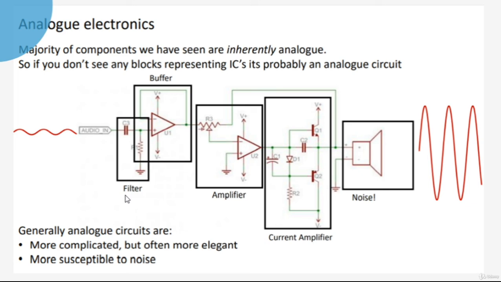After that we have a buffer, and after the buffer we have the amplifier. The amplifier amplifies the audio or the signal that comes from the audio in. After that we have the current amplifier. It will amplify the current. After that we have our speakers, and the speaker will translate the analog signals to sound.